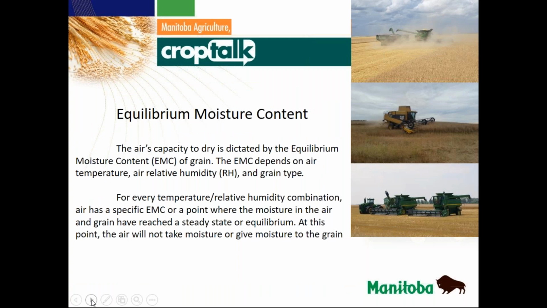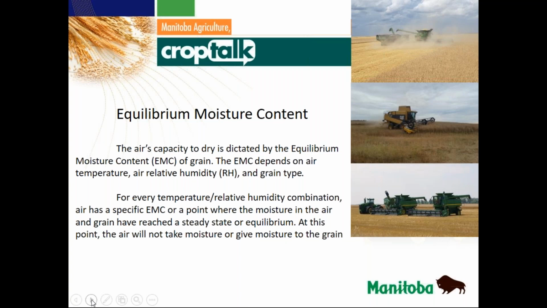One of the things that it kind of comes down to is your equilibrium moisture content. What that is depends on your air temperature, your relative humidity, and your grain type. For every temperature and relative humidity combination, air has a specific equilibrium moisture that it'll reach.